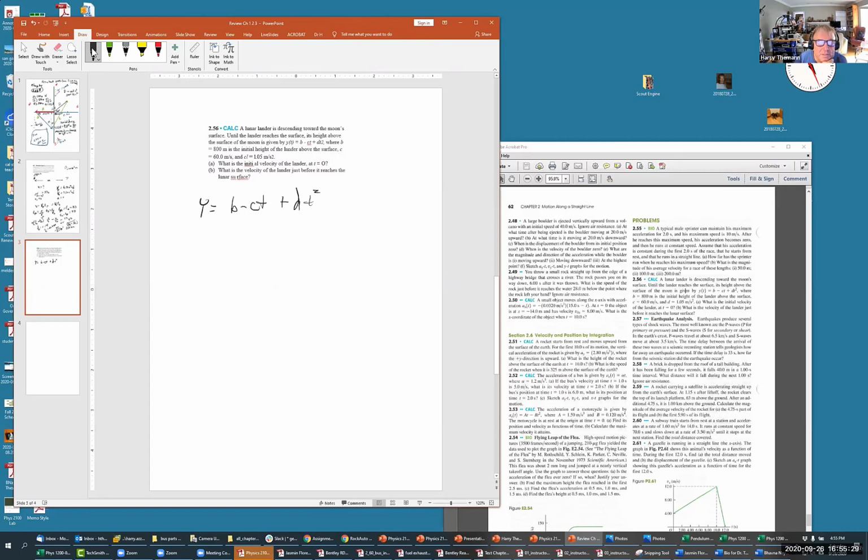So its initial height equals 800 meters. C is 60 meters per second, and so this is the negative direction.